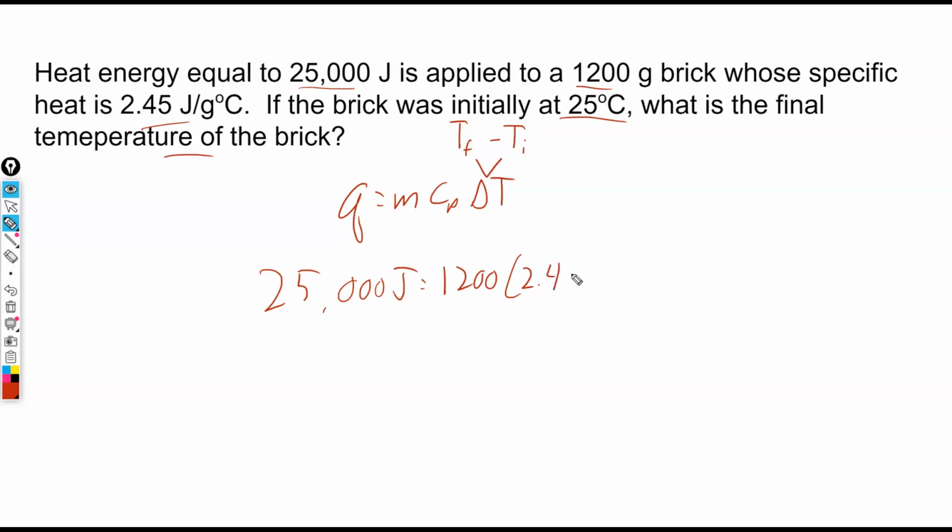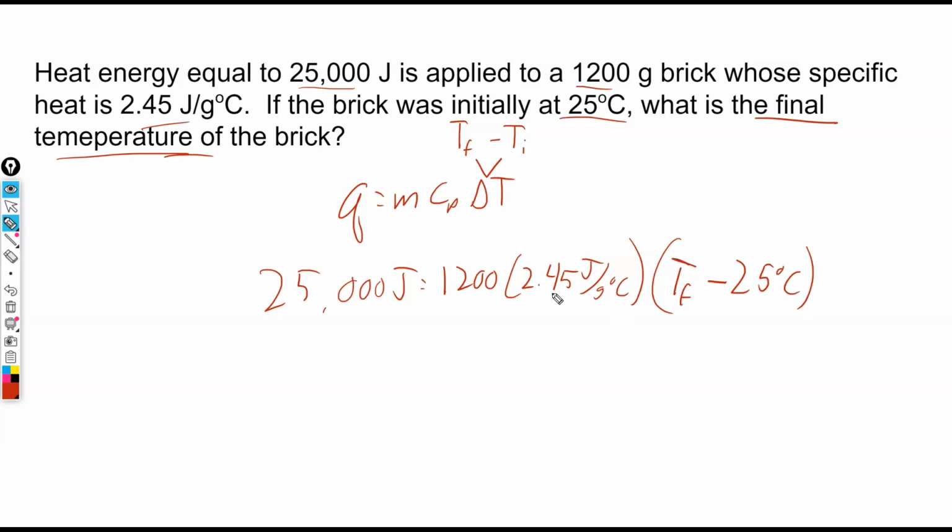The specific heat is the same. But now we want to find the final temperature, so we're finding T final minus 25 degrees Celsius, the initial. So now we have to solve for T final.